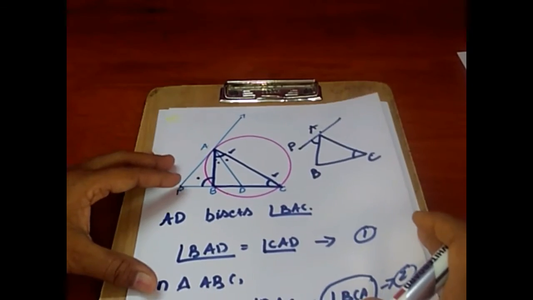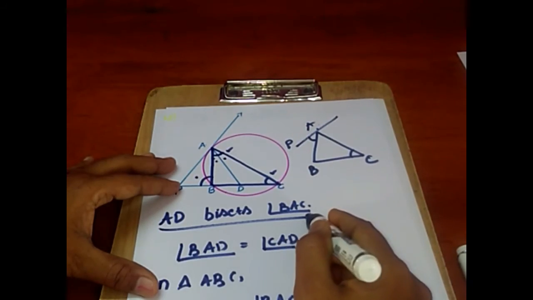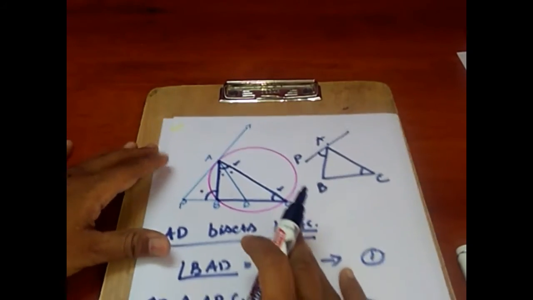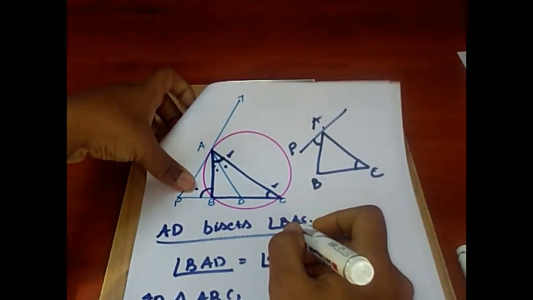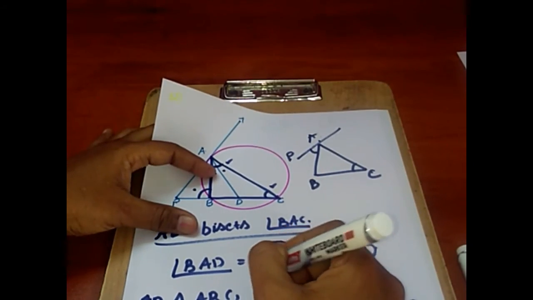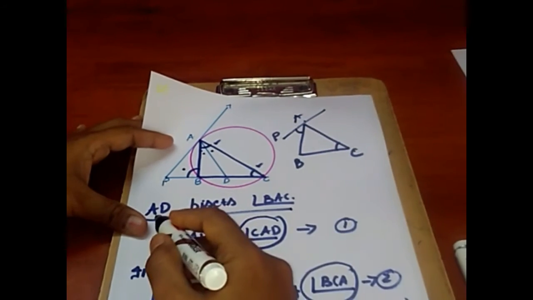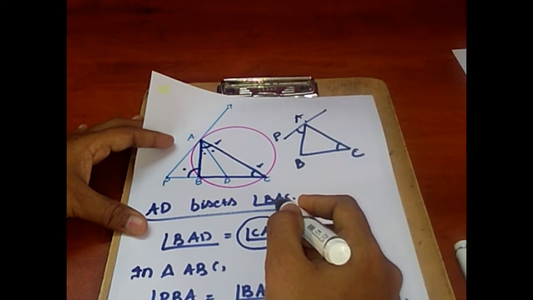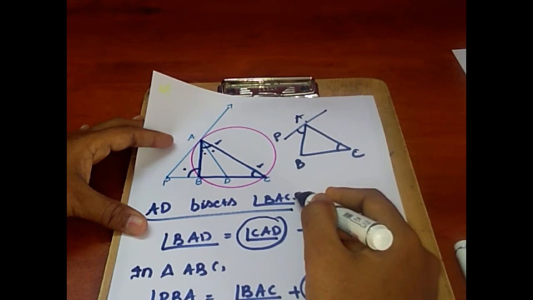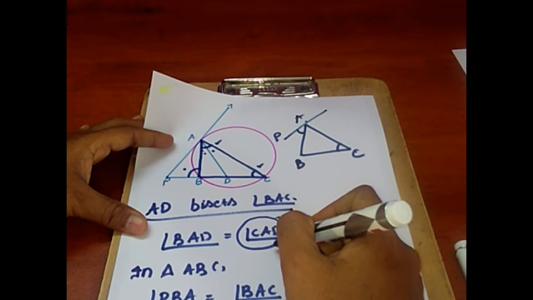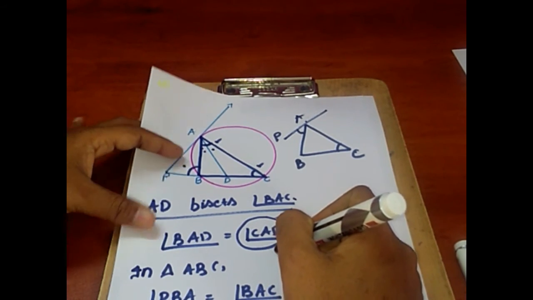Observe, children, already we have proved that AD bisects angle BAC. Now I have angle BAC. Can I express it in terms of CAD? Of course I can, because AD bisects angle BAC. That means to say angle BAC will be twice the angle CAD.